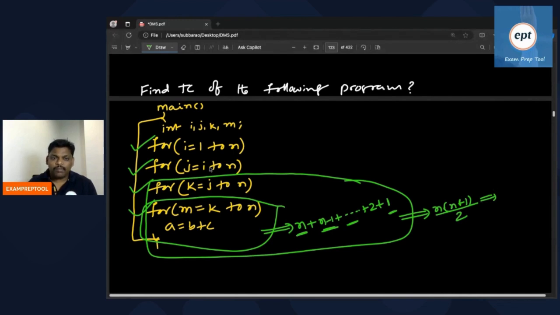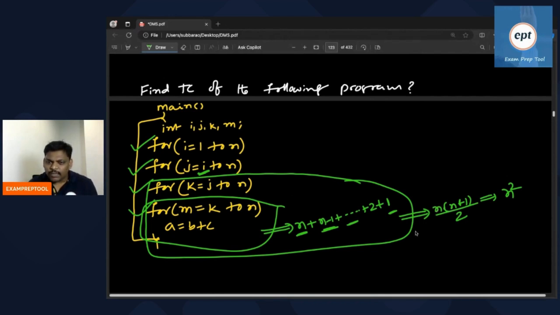So remember, j is equal to 1, this is approximately n square. The smaller terms may not affect that much.